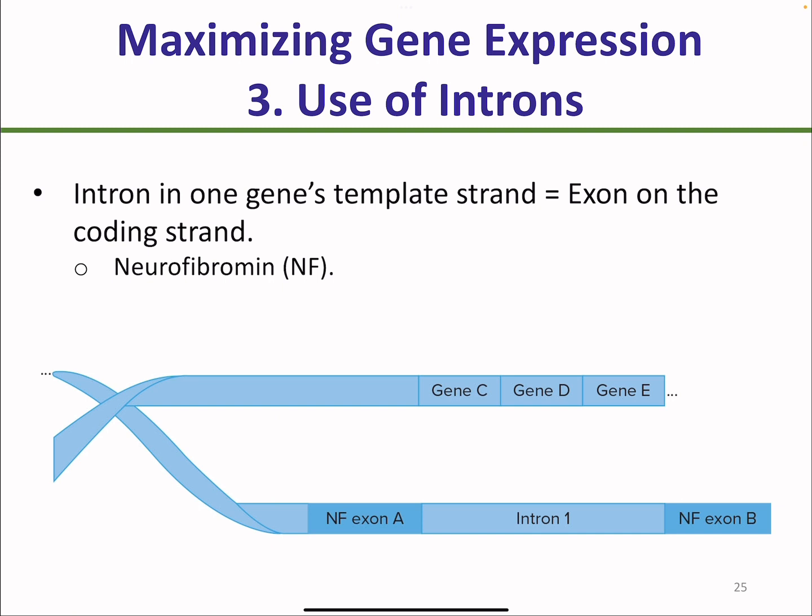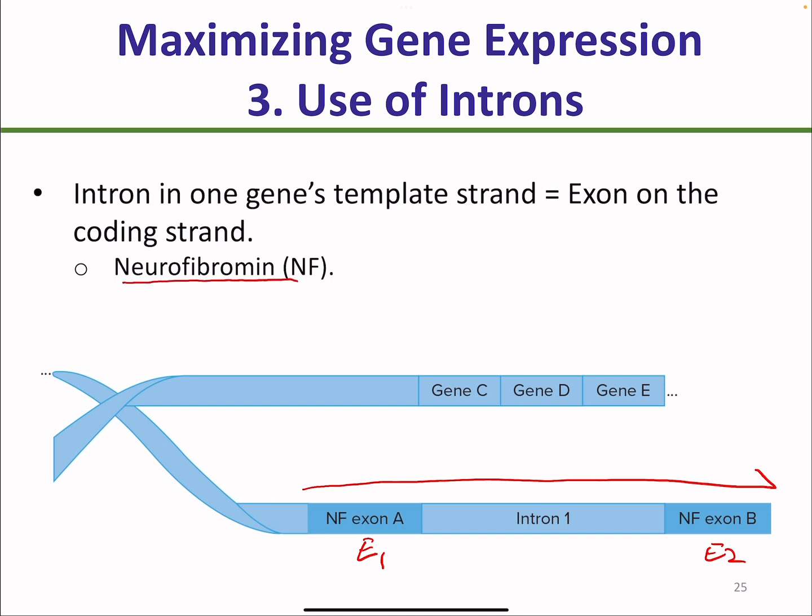All right. So now, introns can be used as alternate genes. Let me explain. When we consider a particular gene, it's right here, okay? That gene has two exons, exon 1 and exon 2, and it encodes a protein called neurofibromin.